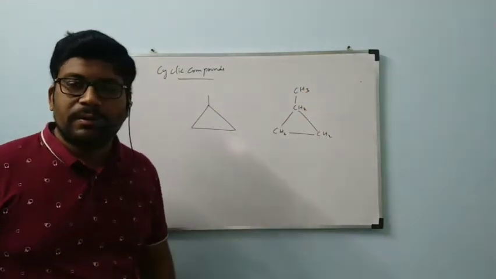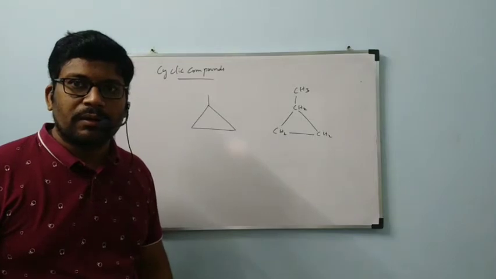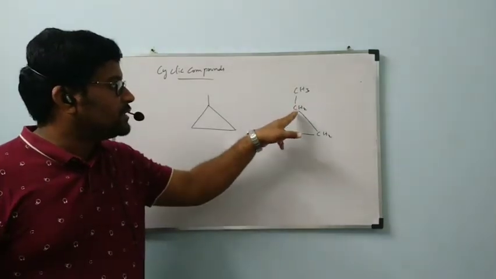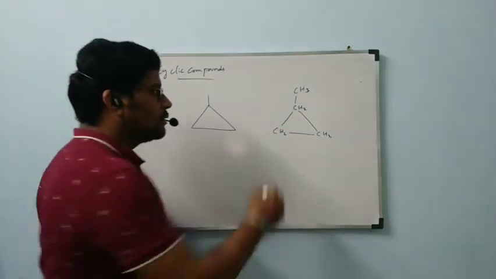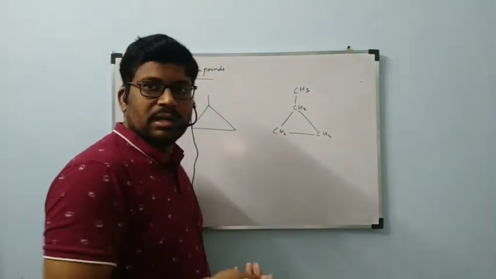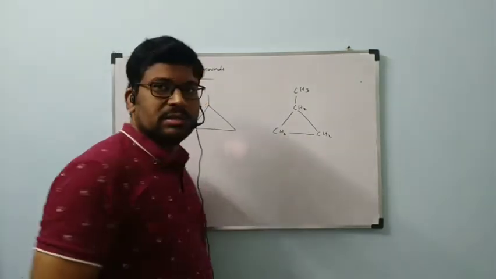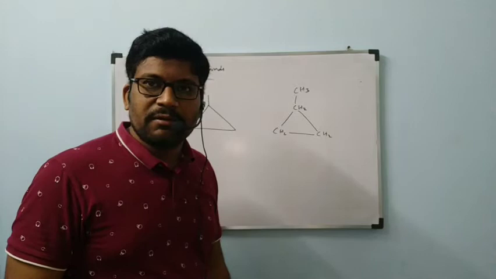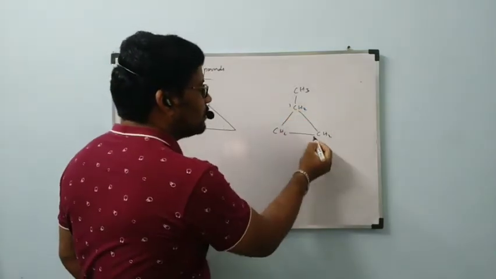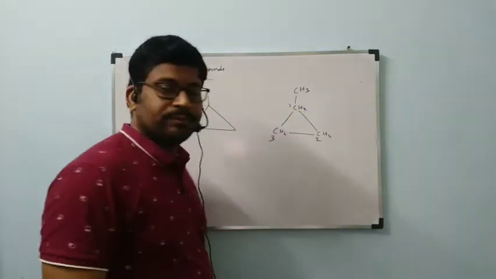Now the methyl group is present on this carbon. Let us give numbering. Anyways, the parent chain is this one only. The cyclic chain is the parent chain. Numbering must be given, that is important. 1, 2, 3.